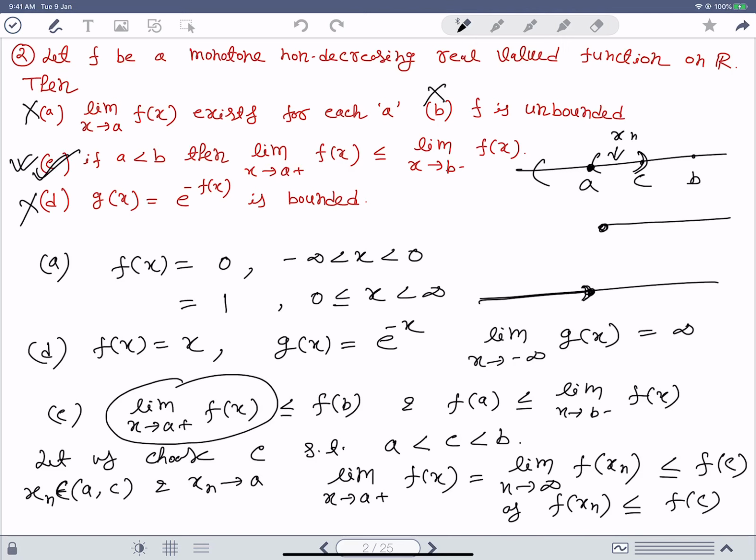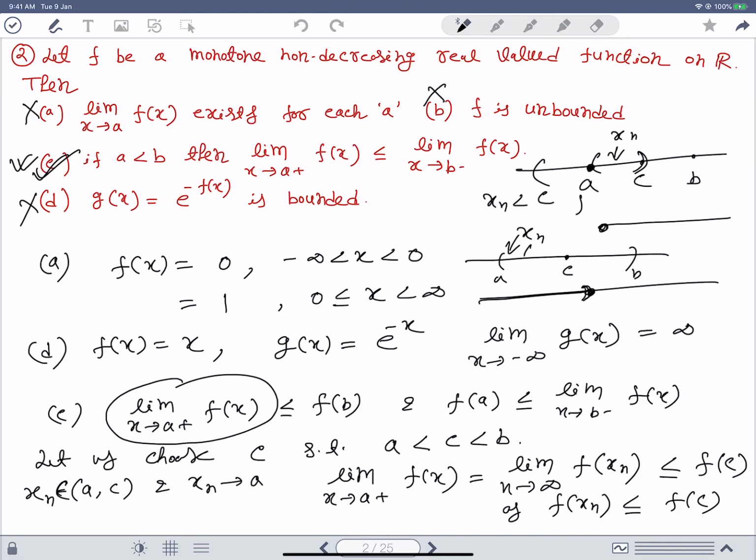So what we are doing, we first of all take a and b, we take a point c, and we choose some x_n from this interval such that x_n converges to a. Now, we know that x_n is less than c.